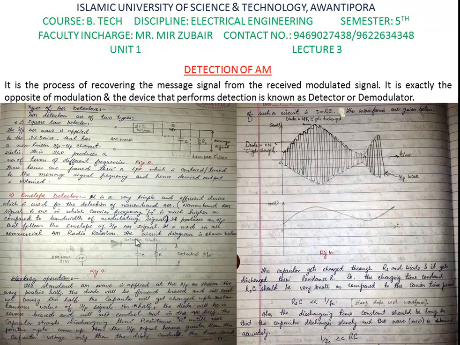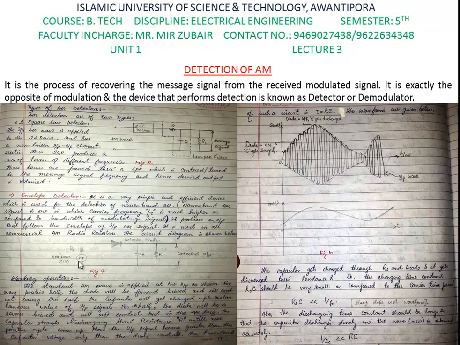Now the working operation of this circuit is explained as below. The standard AM wave is applied at the input as shown over here. For every positive half of this input wave, the diode will be forward biased and will conduct. During this half, the capacitor will get charged up to the instantaneous value of the input signal.